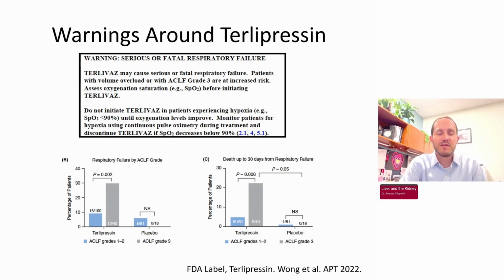And in a subsequent post hoc analysis, it was identified that patients with ACLF grade 3, which was that scoring system we talked about earlier, are bearing the brunt of the respiratory failure events. And these were quite real respiratory failures, many of which led to death or intubation. In reality, I think it's kind of hard to do this unless you set out in your template to calculate an ACLF grade. Because when you think about grade 3, that means 3 organ systems are down.